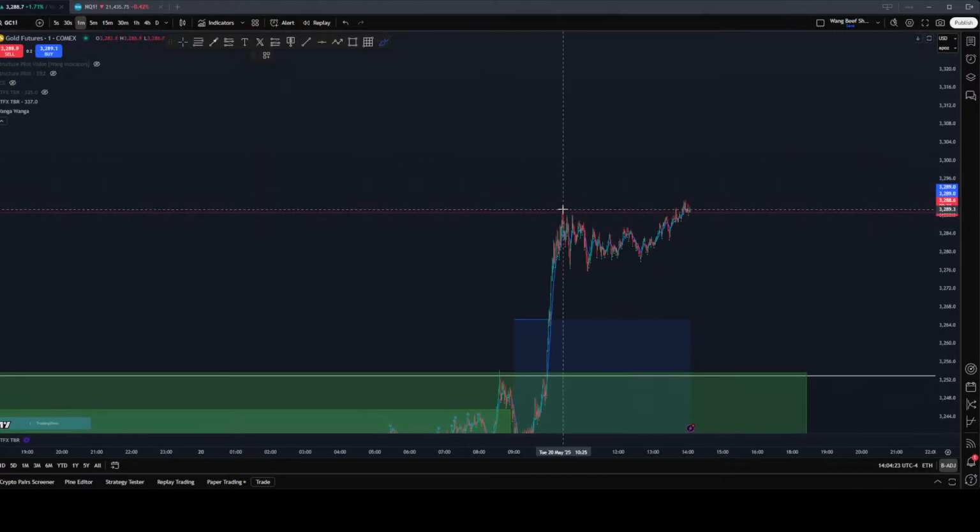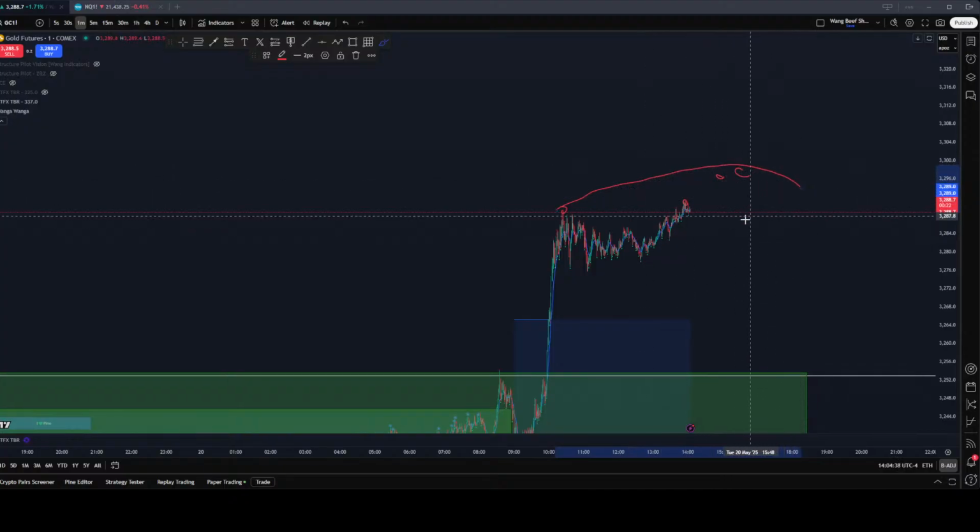But if price gives us a high just nearby, gives us a high just nearby, it's looking like price wants to get some lows, right?